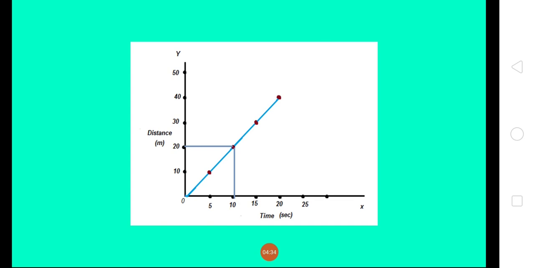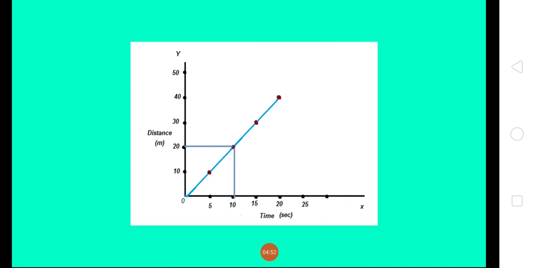You have represented these quantities using dots and then slowly joined all the dots. When you join all the dots, you get a straight line, and this gives an example of uniform motion.